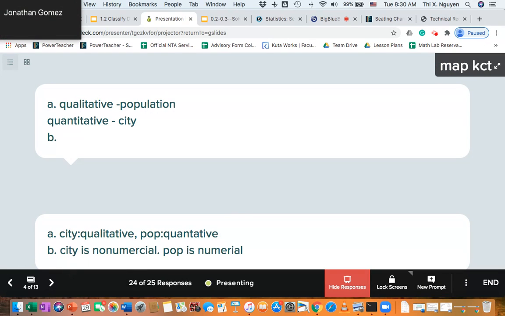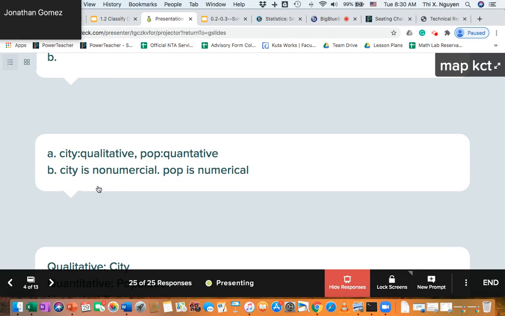Okay, qualitative is the population, quantity. I think for this one, you have it opposite. The qualitative is the city. The population is quantitative. So for this person, you have a switch, okay? Quantitative is population and qualitative is a city. This is correct.